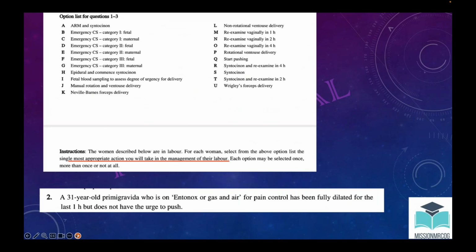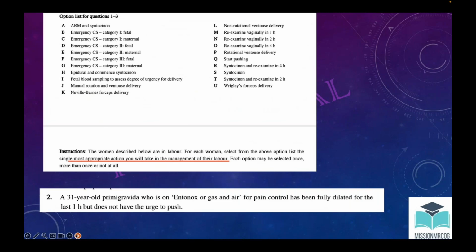Then E, category 2 CS for maternal indication. Oh God, why cesarean section? She doesn't want to push. That means she's in the passive stage of the second stage.